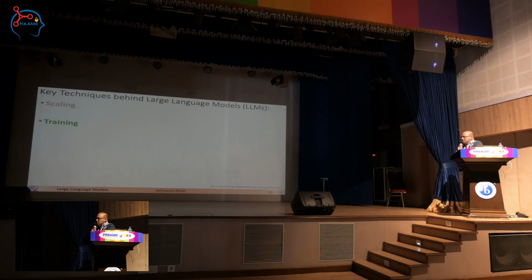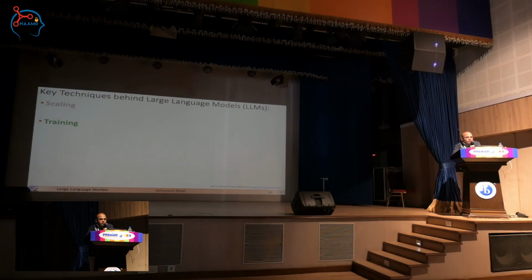The other one is about training. As I said, from a scientific perspective, there's nothing new here. It's the same transformer architecture, same next word prediction loss. But what is happening here is that you're doing it at scale. That means these models have to be trained in a very special manner. You cannot just put it on your laptop and train it.